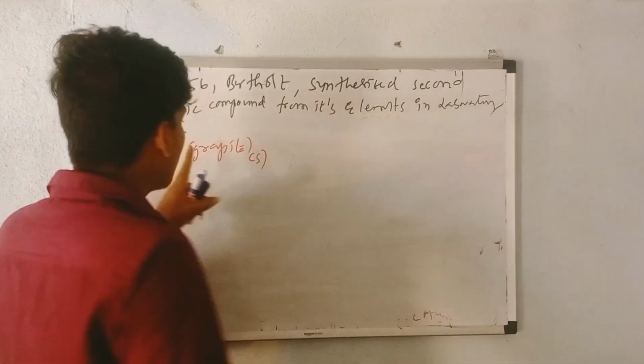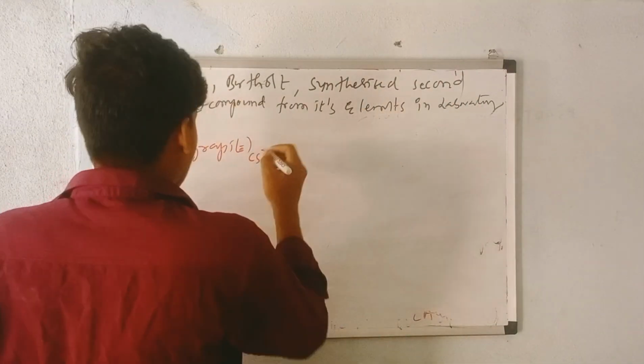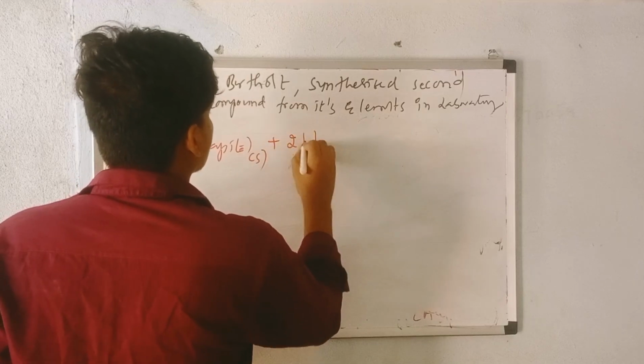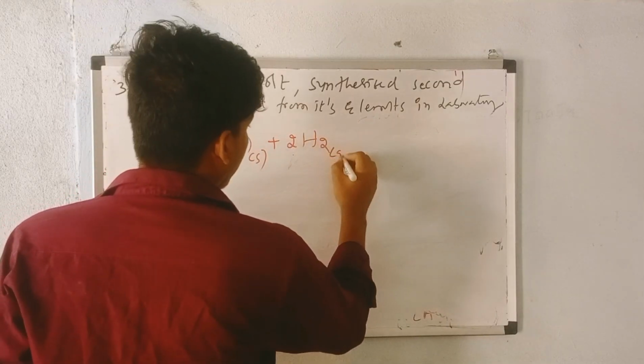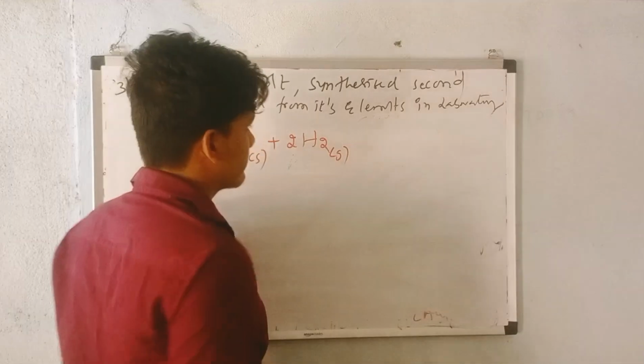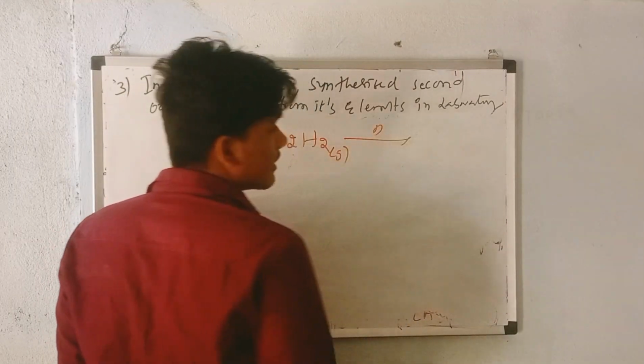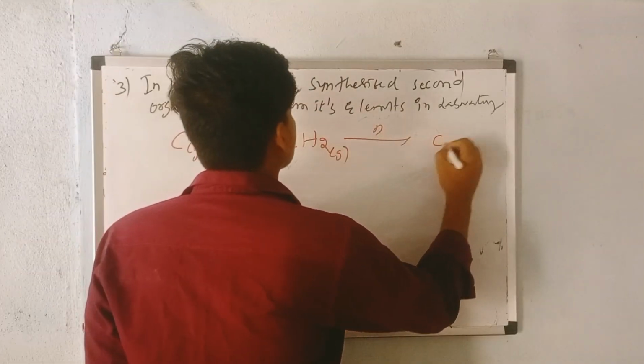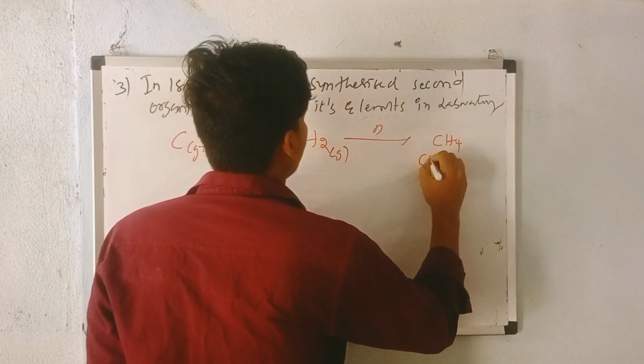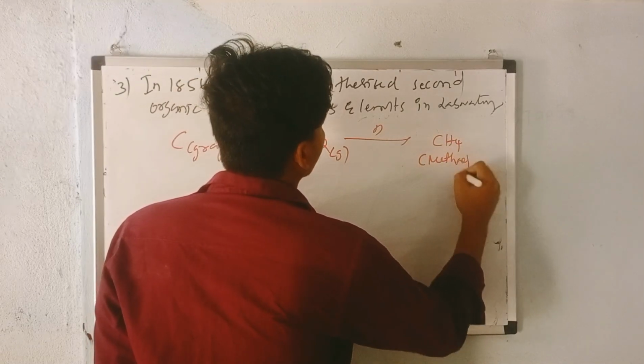So he took carbon graphite, which is solid, and combined it with 2 moles of hydrogen, which is a gas. When he heated it, CH4 was synthesized. This is called methane, and it is a gas.